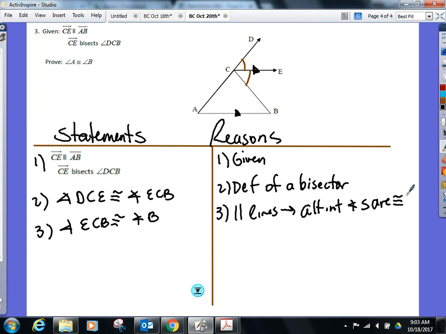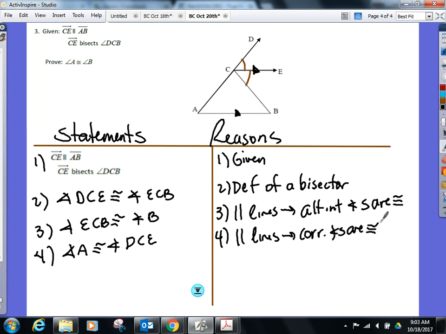Next up, because the proof statement does involve angle A, I should find something related to angle A. I'm sticking with parallel lines AB and CE to say angle A is congruent to angle DCE, because those are corresponding angles, and parallel lines imply that corresponding angles are congruent.